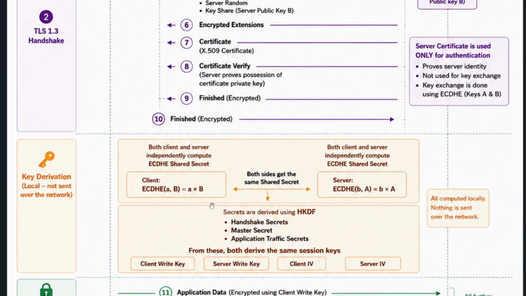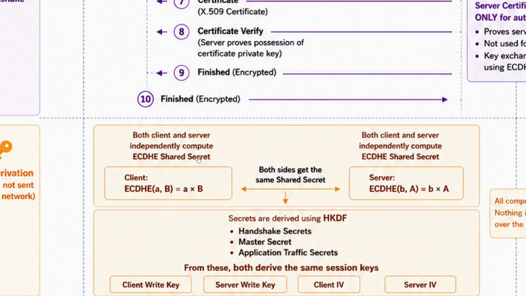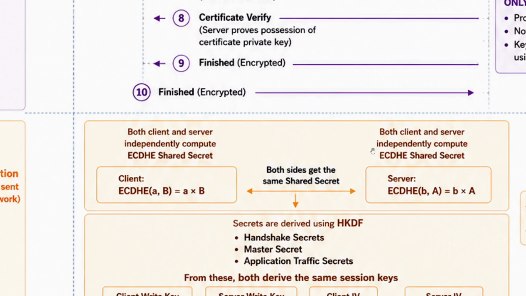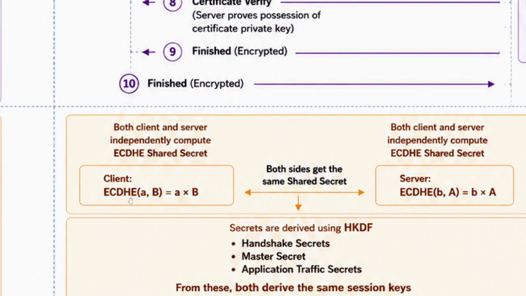Using this ECDHE, both the client and the server will compute the shared secret. Actually this is not shared, but because of this algorithm, both will derive the same secret key. So that's how it is shared.